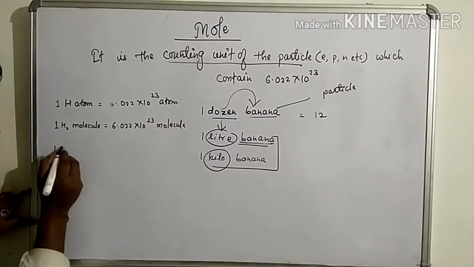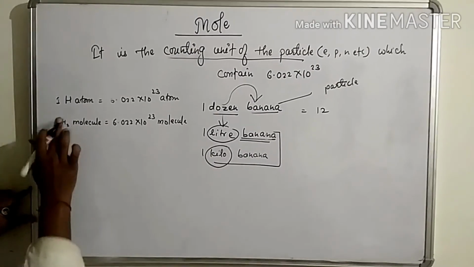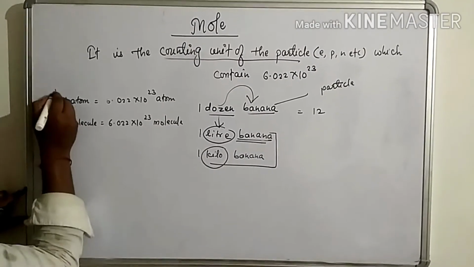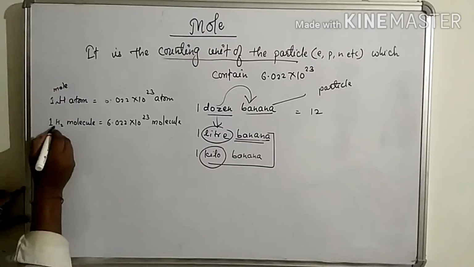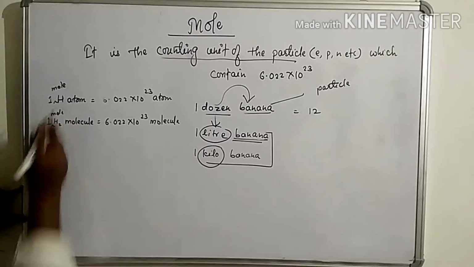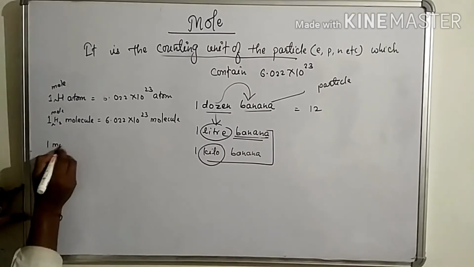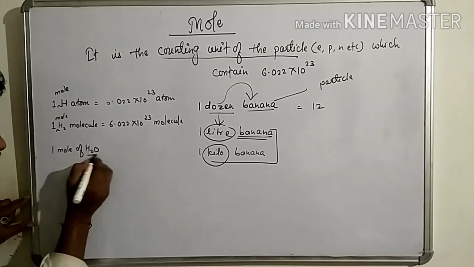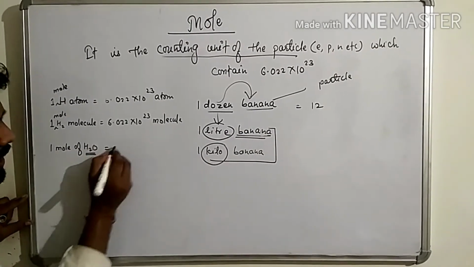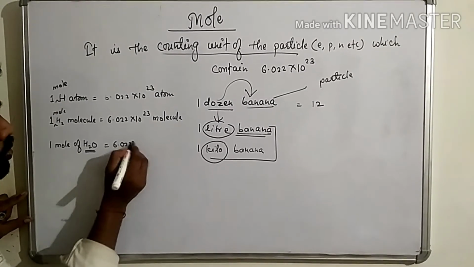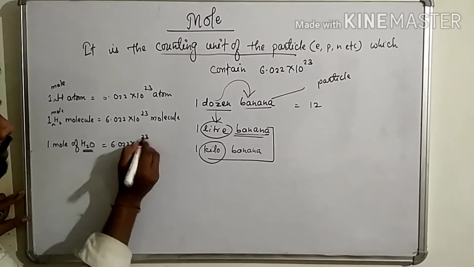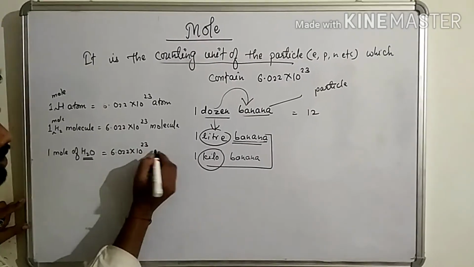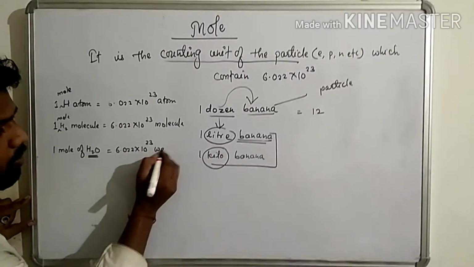One mole of hydrogen atoms contains 6.022 × 10^23 atoms. One mole of hydrogen molecules contains 6.022 × 10^23 molecules. One mole of H2O, this is a compound, children, contains 6.022 × 10^23 water compound, meaning water molecules.